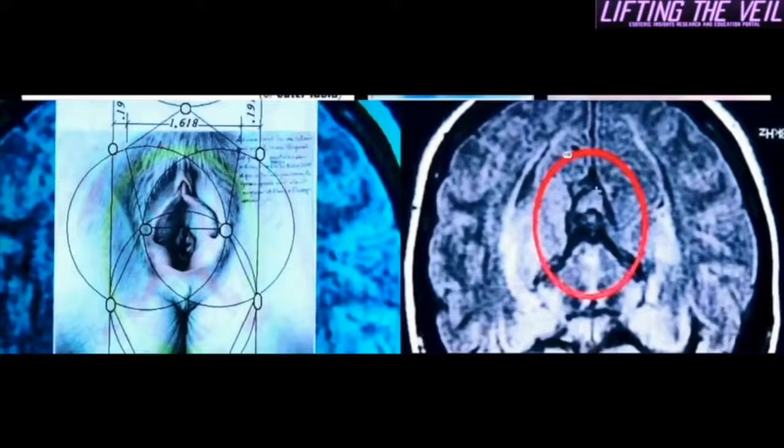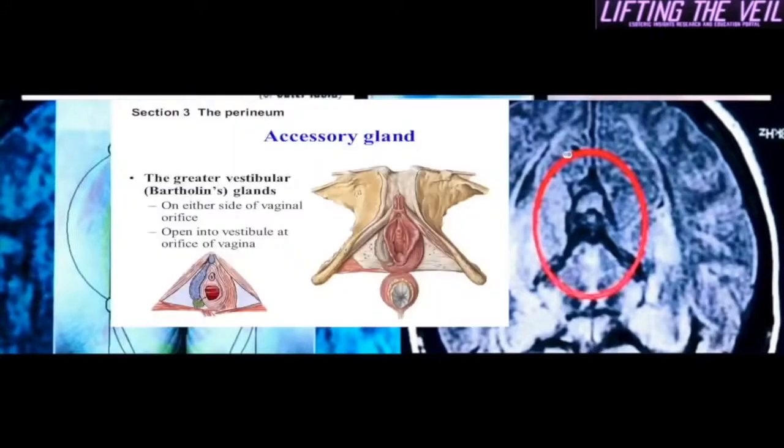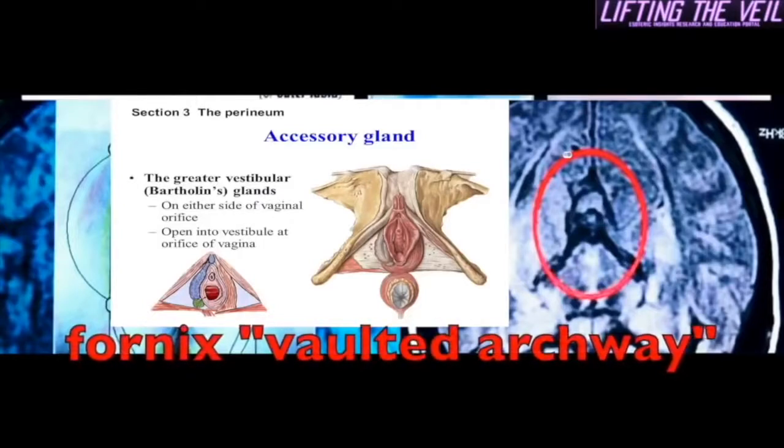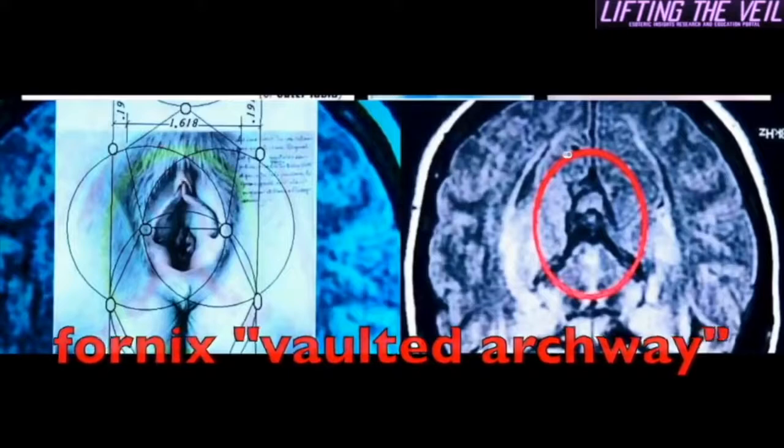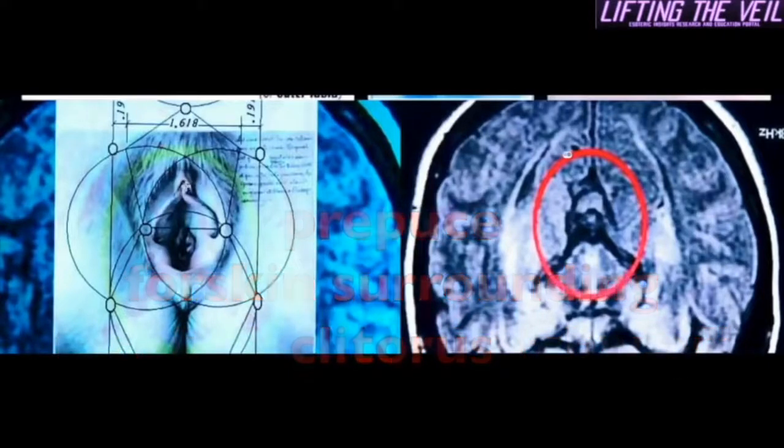body. And so what we're looking at directly corresponds to the female vagina. Here we can see the prepuce of the clitoris, and here would be the clitoral frenulum, the frenulum clitoridis, which directly corresponds with the brain.